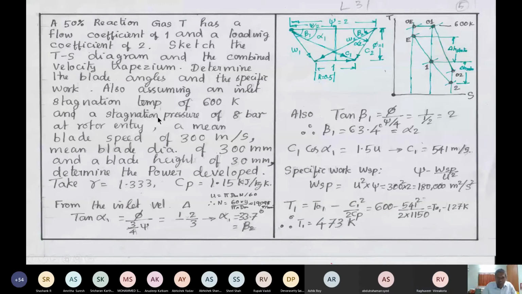Good. So given any 3 combination, you should be able to do that, isn't it? So now I will give you a combination. Say flow coefficient is 0.8, degree of reaction is 0.6, and loading coefficient is 0.8.